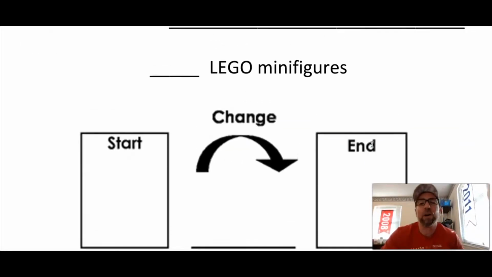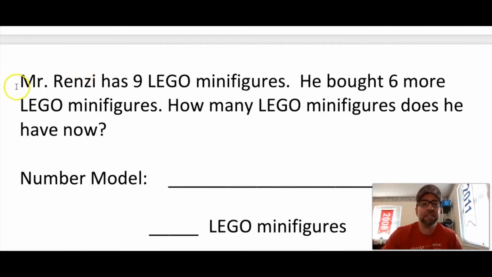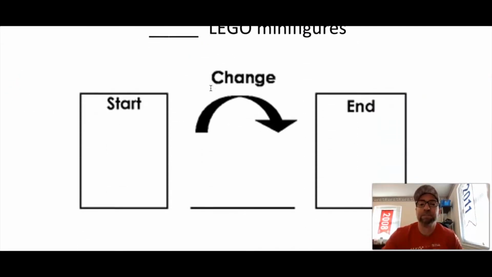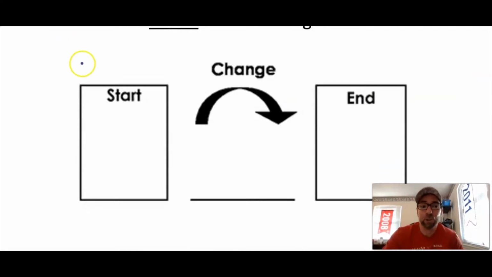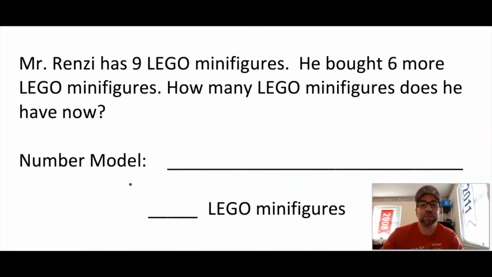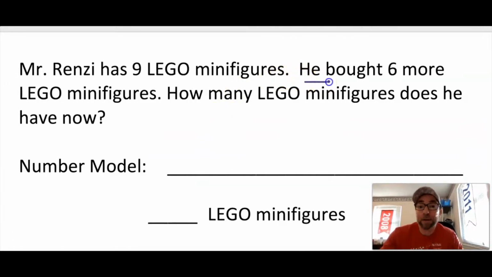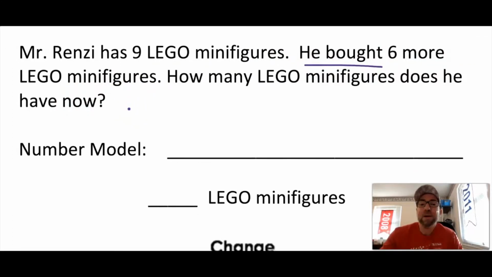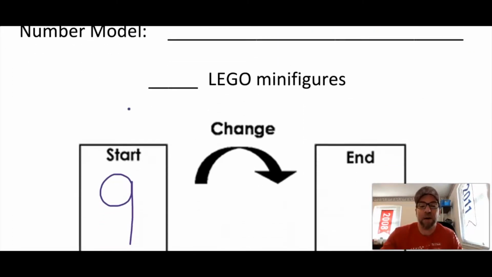Where do you think we're going to put that 9? Mr. Enzi has 9 Lego minifigures. Well, that was the start of our story. And when Mr. Enzi started the collection, he had 9. So we're going to write that 9 right in our start box. Now our story continues. He bought 6 more Lego minifigures. Where is that 6 going to go?